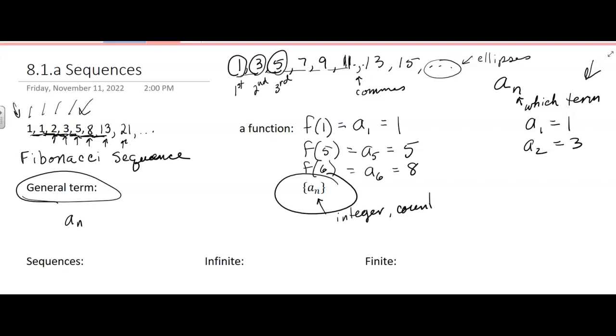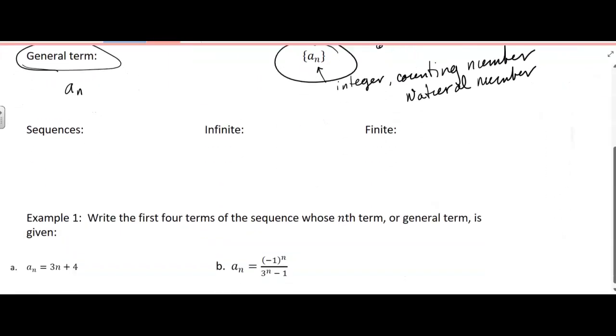It's a counting number or a natural number. Sorry, we say natural numbers usually. Natural numbers and counting numbers are the same. So 1, 2, 3, like that. Okay? That's how you're going to count terms. You're not going to have a sub 1/2 because you're not going to have half a term. You have the first term, the second term, the third term. That's one nice thing about sequences.